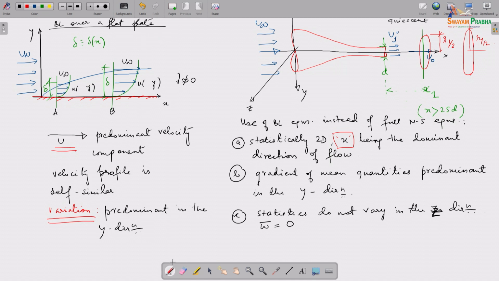Let's just say that viscous nature is negligible. Gamma is a physical property of the fluid, so it cannot just suddenly become 0. It's just that the viscous nature is negligible, and here it's not inside the boundary layer.